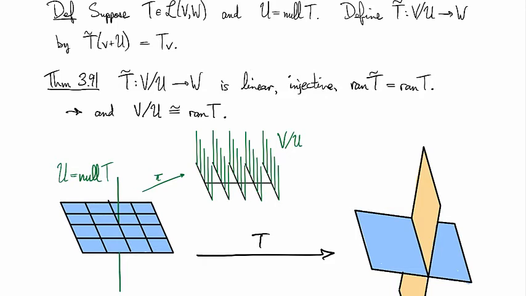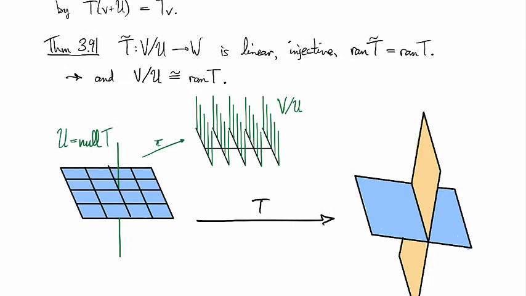Now, how does that have to do with the current theorem? I can fill in some detail over here. This blue guy is the one we called Z in the previous clip, in the example where I did R3.